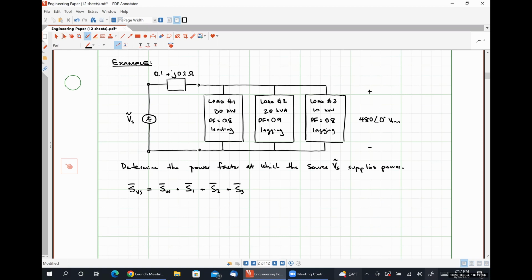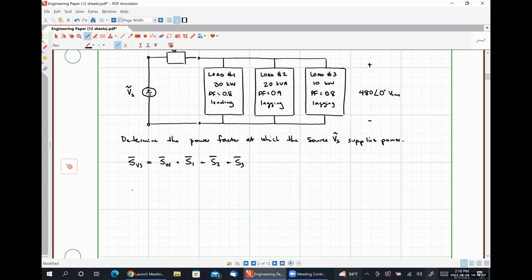We're going to determine these four things that contribute to the power that's supplied by our source by using our definition for the power factor, right? So our power factor mathematical definition is simply average power over apparent power, or the cosine of theta s. So let's start by determining S1.